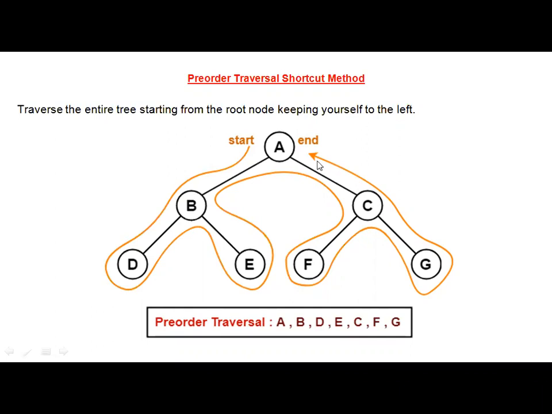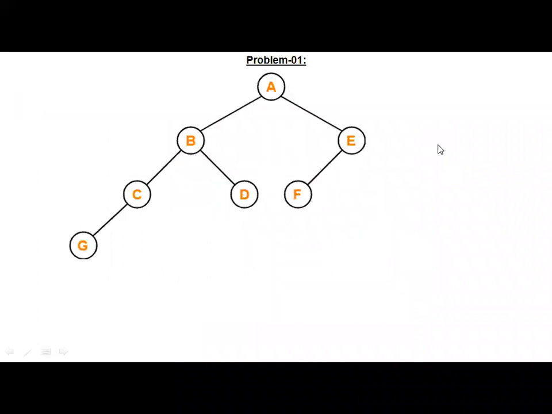Again C over, again A over. That's it. Clear? Without lifting the pen, if you just draw a line touching all the nodes, like an outer line, then you will get the pre-order.